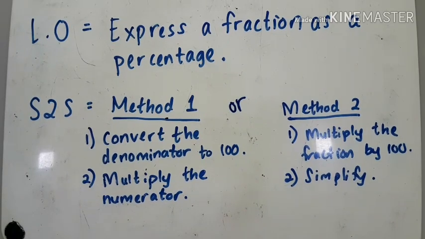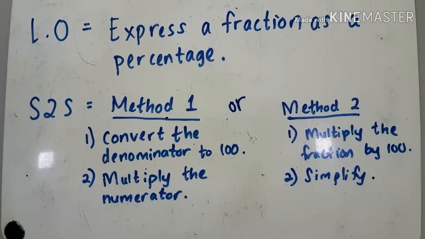Good. So that's the first method. For the second method, you need to multiply the fraction straight away by 100, and then you simplify.